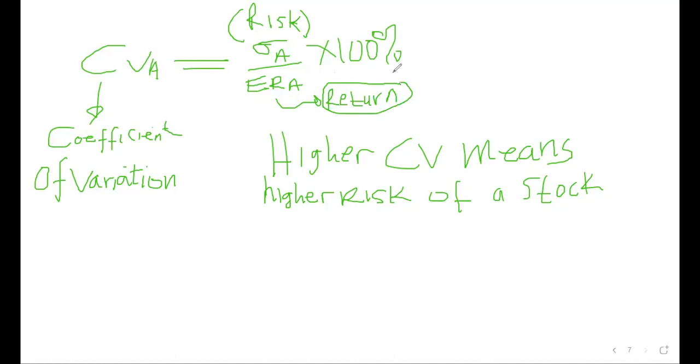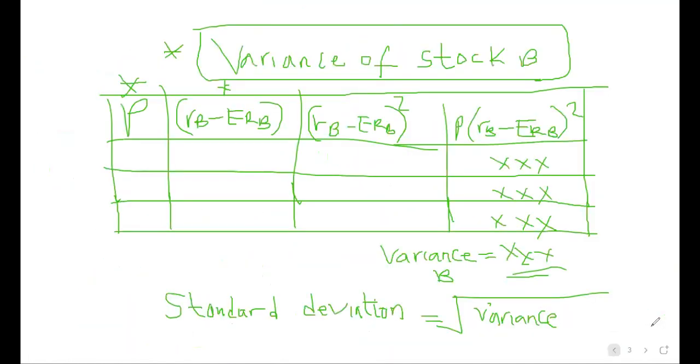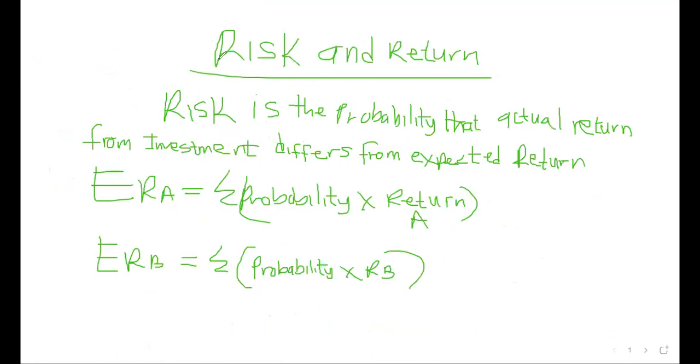This is what you expect as you are looking at risk and return analysis. It came from here where we are talking about risk. What is risk? In a nutshell, this is what you expect as you are looking at risk.